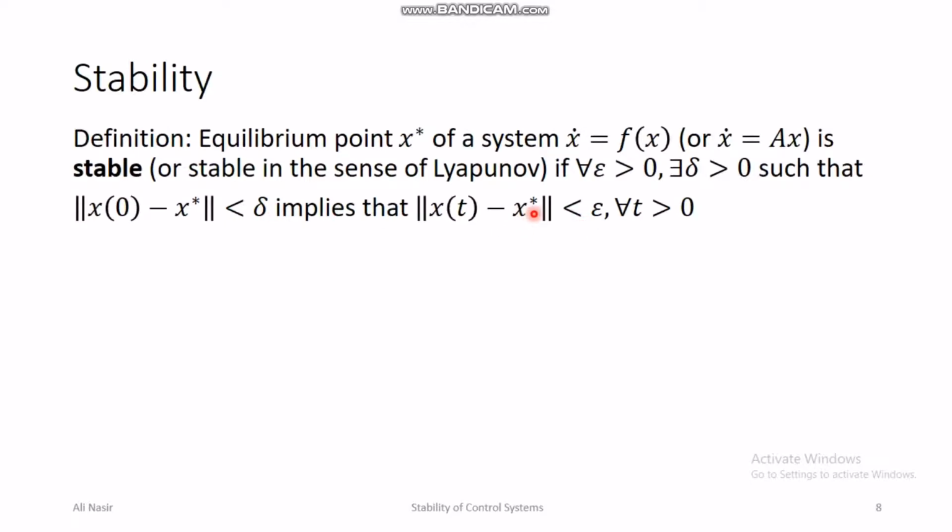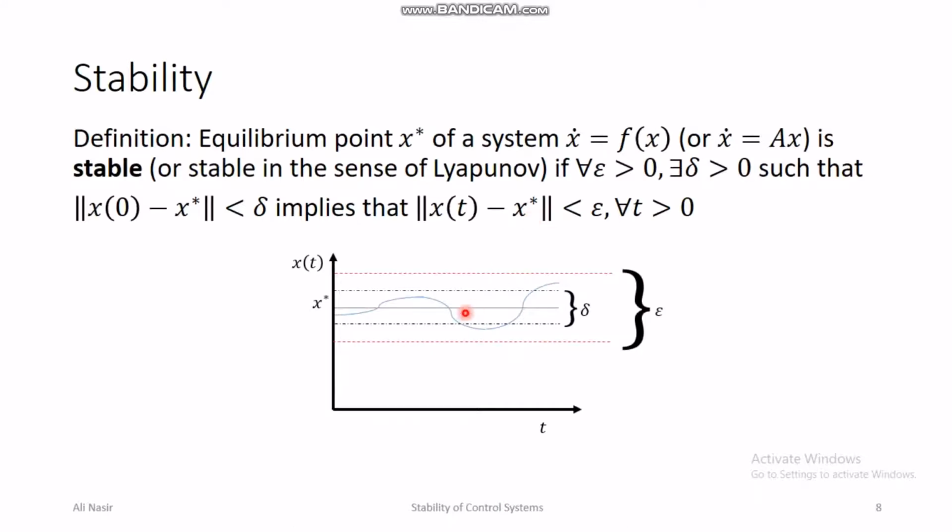So this can be understood with the help of a diagram. For example, let us consider that this is a one-dimensional system, x of t versus time, and this is the equilibrium point value x star. This horizontal black line is the equilibrium point value, and this is the epsilon neighborhood of the equilibrium point in which you want to confine the trajectory of the system.